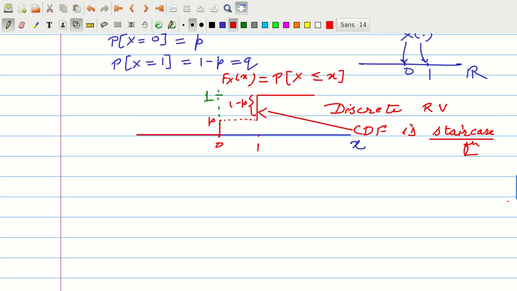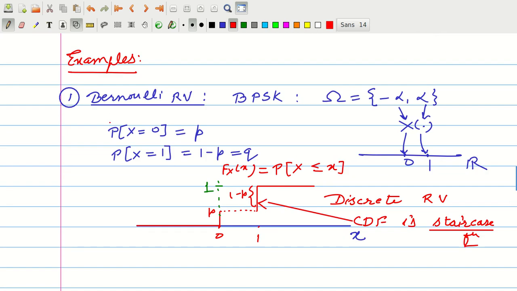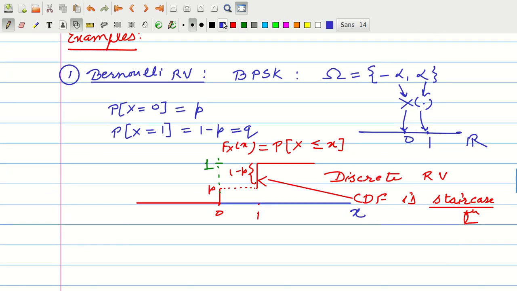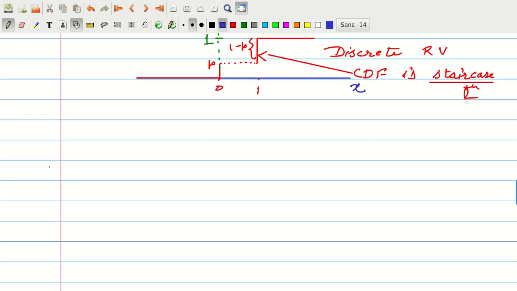Let us take another example of what we call a uniform random variable.